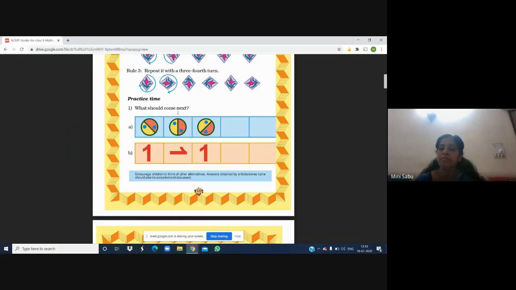What should come next? You can see this. You just look at this small square in which this picture is made. This is a square. I shall tell you one easy method to find out. Suppose this square is divided into 8 parts. One part is this.